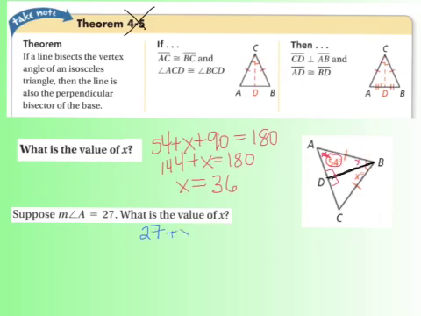So 27 plus x plus 90 is equal to 180. So doing the same thing, 27 plus 90, so x plus 117 equals 180. And then subtract 117 to the other side, so x is equal to 63.